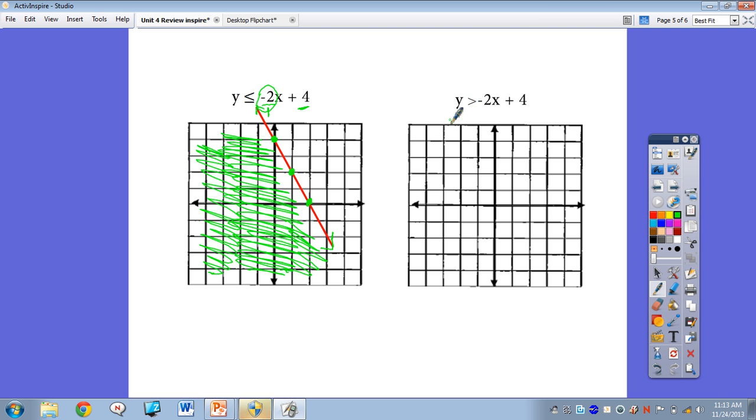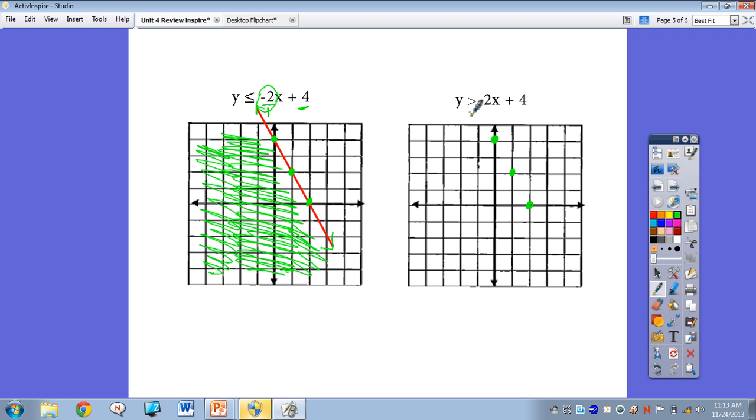Let's come over here and now discuss what would happen if it's not equal to. Okay, this is the same equation, so my y-intercept is still 4, so I'm plotting the 4. I still go down 2 over 1 for my slope. Down 2 over 1. Okay, so now since it doesn't include the equal sign, I'm not going to have a solid line because you don't want to include the line.